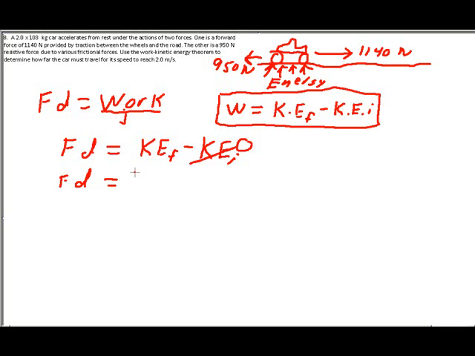Well, what is kinetic energy? It's 1/2 mv squared. And so what we see here is the force being applied by the engine over a certain distance is going to transfer to the object a certain amount of kinetic energy. And the amount of kinetic energy it gets is defined by 1/2 mv squared.